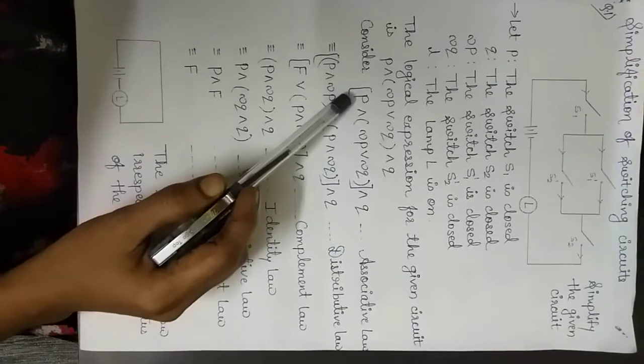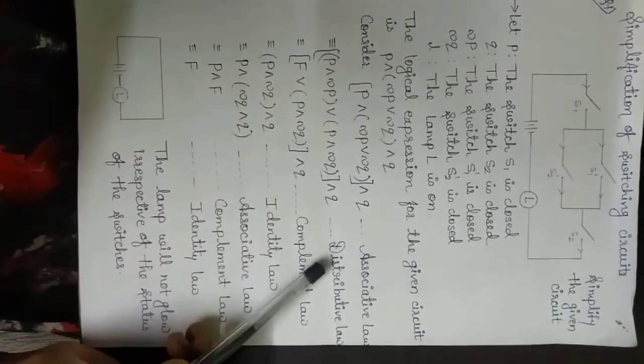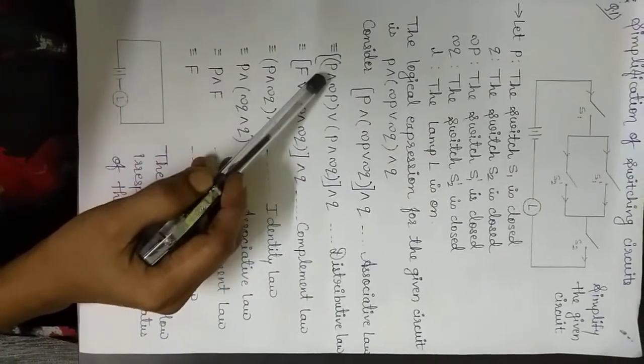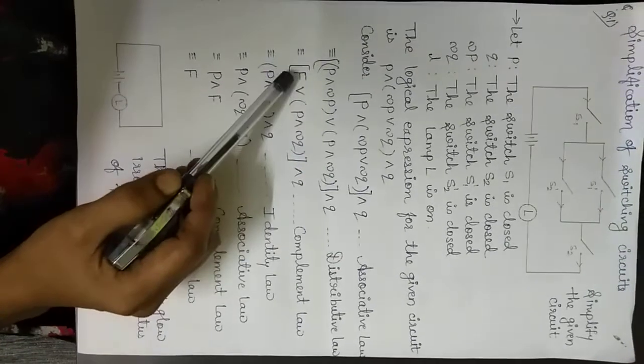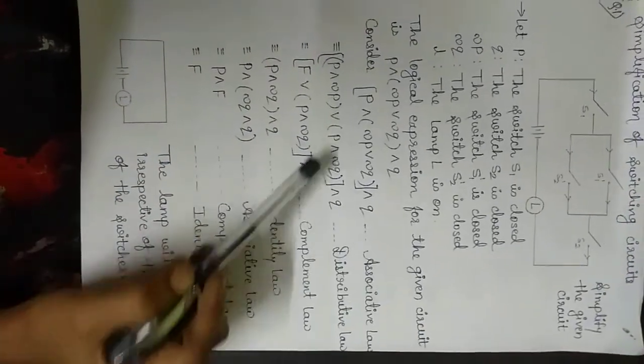And since we are distributing P and to both the statements, here we use distributive law. Now P and negation of P, the answer is false, and this is called complement law.